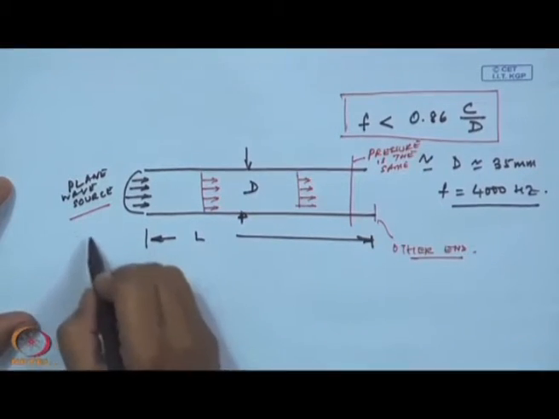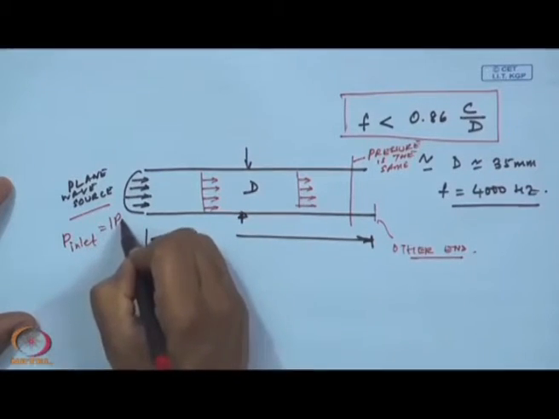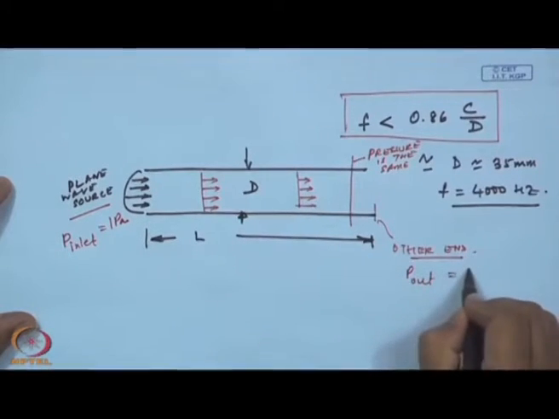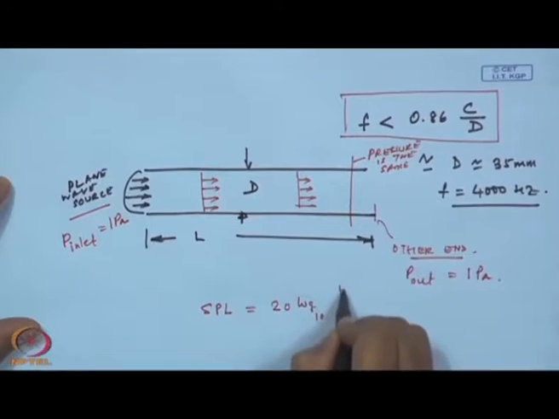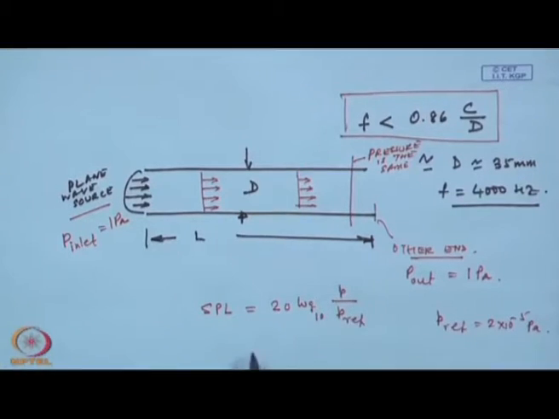And thus, the pressure will be the same: if the inlet pressure is equal to 1 Pascal, the outlet pressure P outlet will also be equal to 1 Pascal. Now, in order to express this Pascal in decibel, we use the formula SPL is 20 logarithm to the base 10 of P by P reference. P reference is 2 into 10 to the power minus 5 Pascal. If I plug P as 1 Pascal in this equation, I come up with a value of 94 decibel.